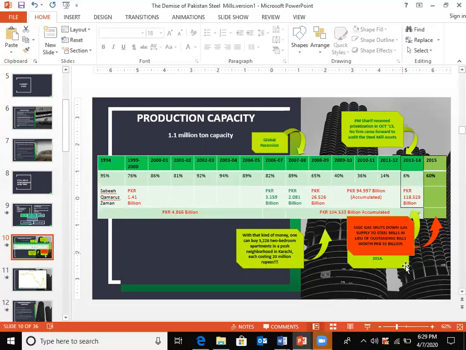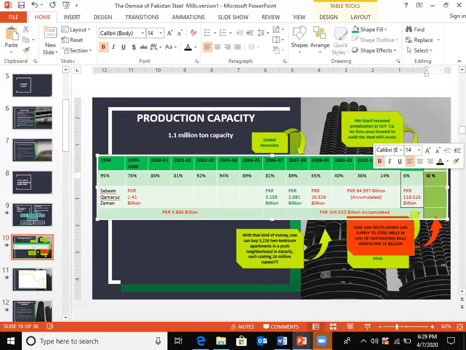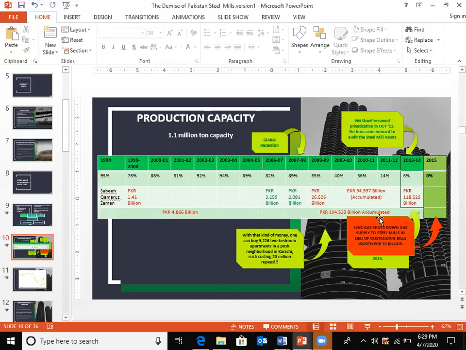This was the year when Sui Southern Gas just decided to shut down the gas supply. And so obviously after this, it went through an even worse period, more like 0%. And so the accumulated losses, unfortunately, are a really, really bad situation.